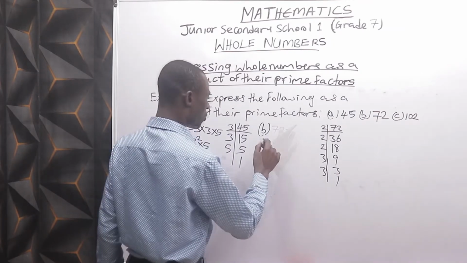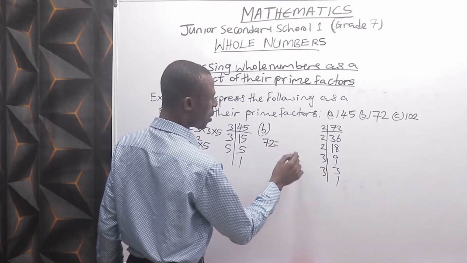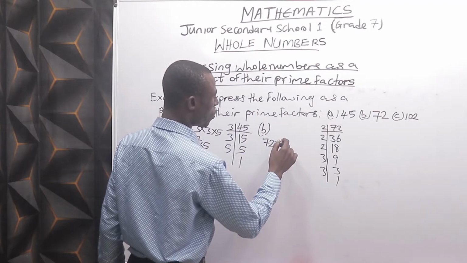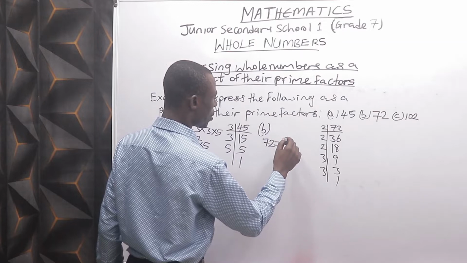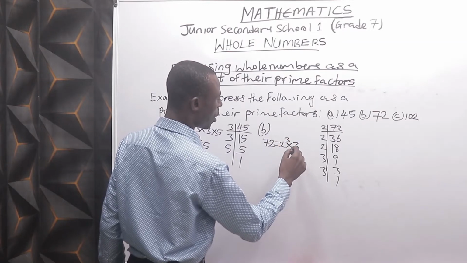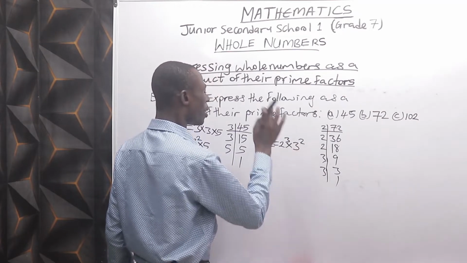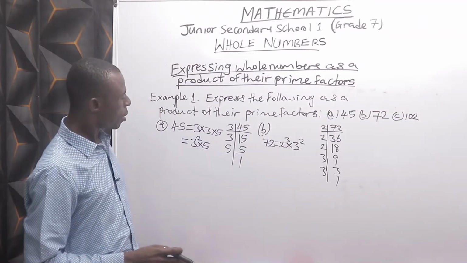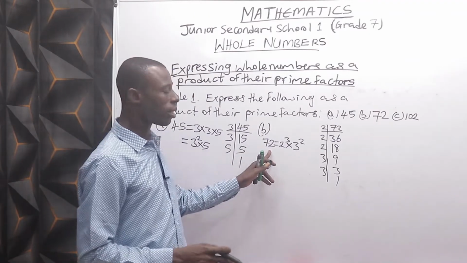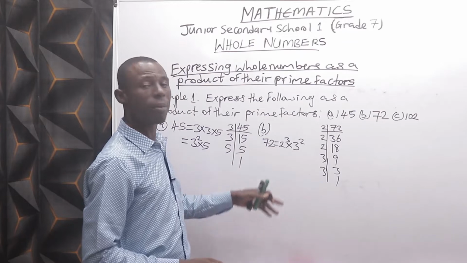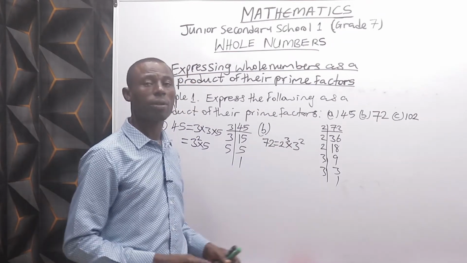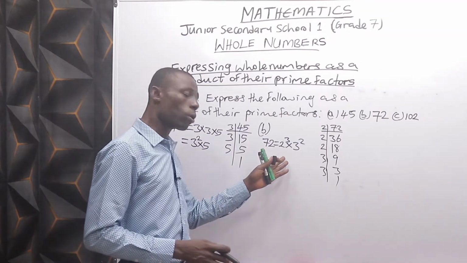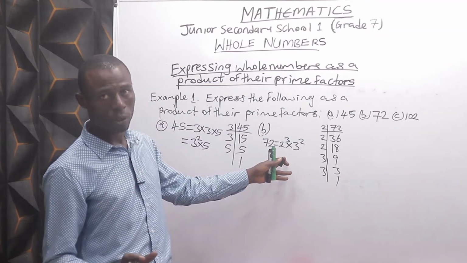So, 72 is expressed as 2 raised to power 1, 2, 3, times 3 raised to power 2, in index form. 72 is expressed as a product of its prime factors as 2 raised to power 3 times 3 raised to power 2, in index form.